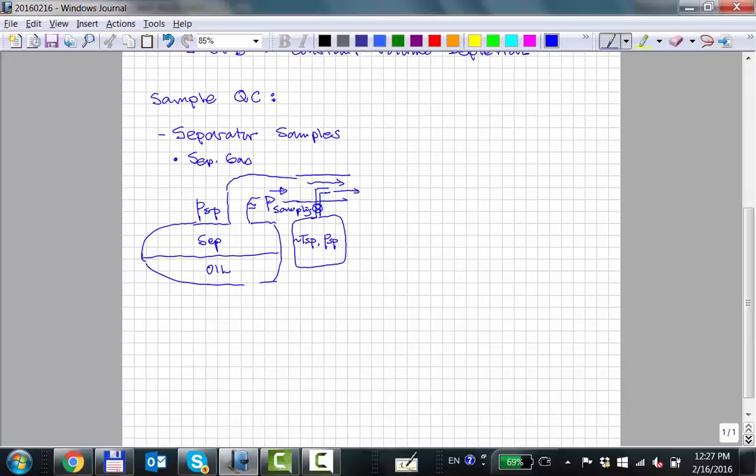So what they're going to do when they get this sample to the lab, the sample container, the lab should bring the container to separator temperature. They probably won't, but they should. And then I'm going to draw this. You've got this, the top of the bottle.